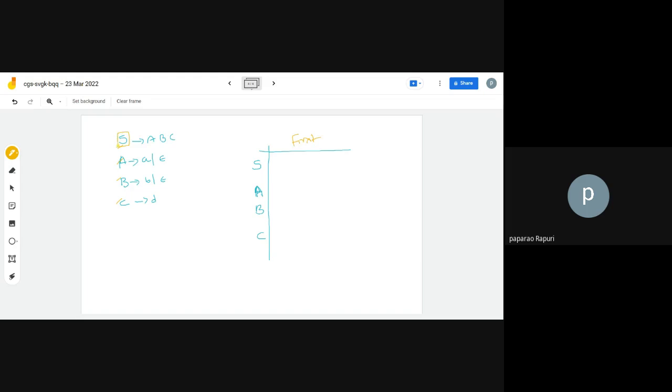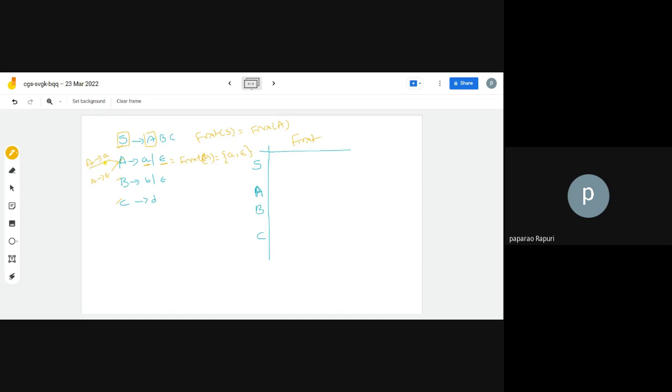So for first, I came to S. Here S is a non-terminal and A is also a non-terminal. For writing first of S, we need to find first of A. So for that purpose, I move to here, sir. First of A equals, from this production, small a, and from this production, epsilon. So here there are 2 productions. A is deriving small a and A is deriving epsilon.